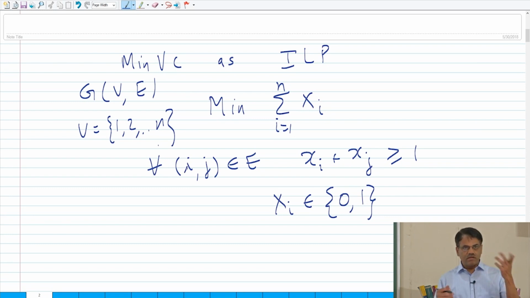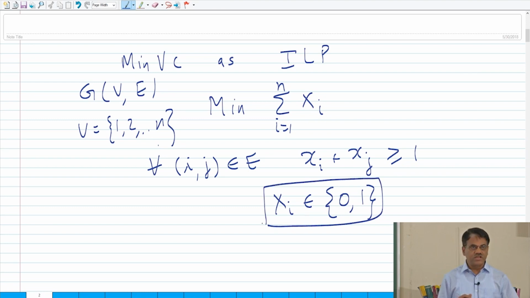Okay. So, I said in the previous session that linear programming can be solved in polynomial time, okay. But this is not linear programming, this is integer linear programming, because I have this constraint that the variables should take integers. What do I know about integer linear programming?